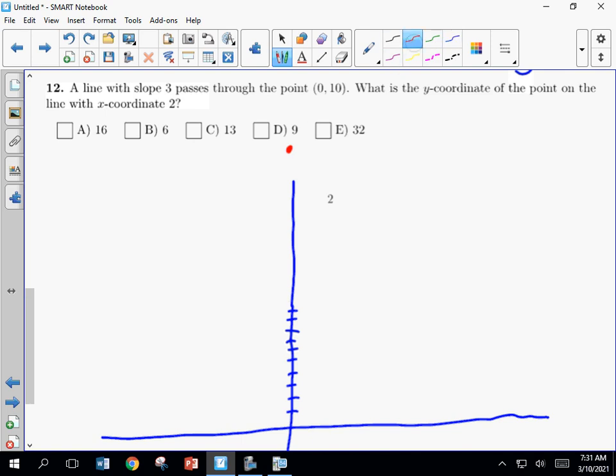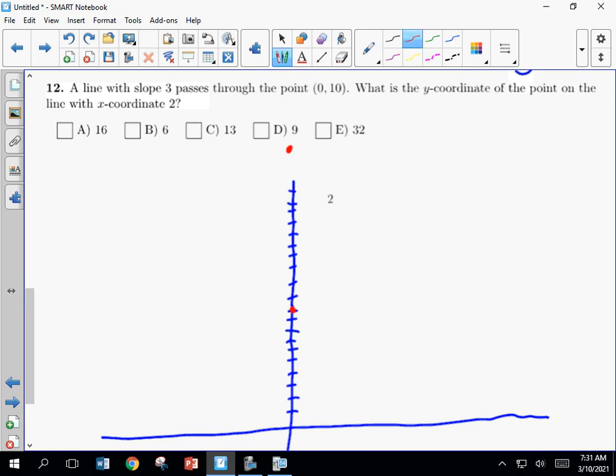So 10 is right here, and I'm going to make about 8 more marks. 1, 2, 3, 4, 5, 6, 7, 8. Let's go ahead and do 10 more. 9, 10. All right, so here's how we're going to do this problem.